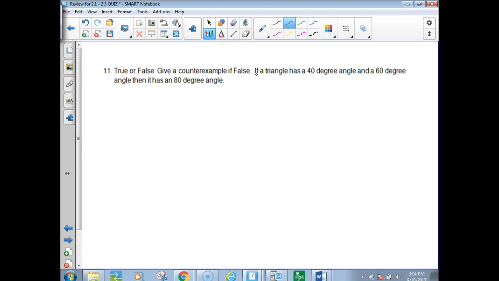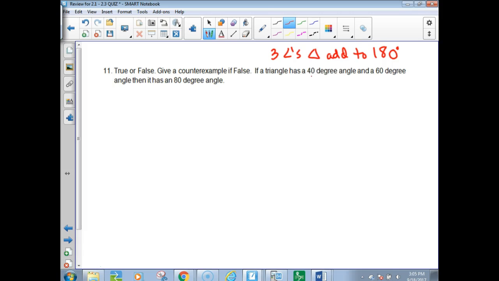All right, true or false? Give a counterexample if false. If a triangle has a 40-degree angle and a 60-degree angle, then it has an 80-degree angle. I mentioned to you the other day that the 3 angles of a triangle, all 3, add to 180.